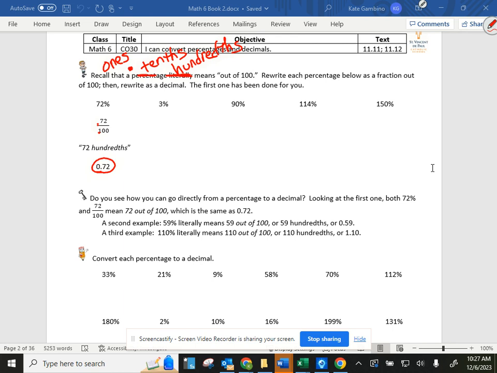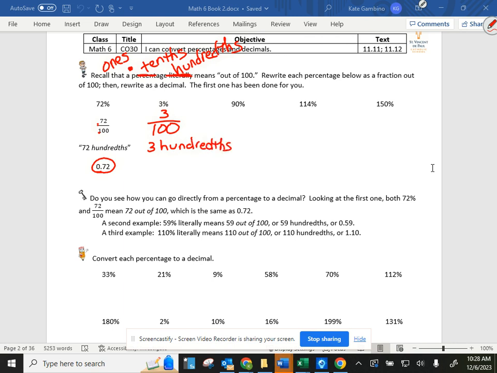So let's look at our 3%. What is my fraction going to look like for 3%? Think about what we did yesterday. Layla? 3 over 100. So we call that 3 hundredths.